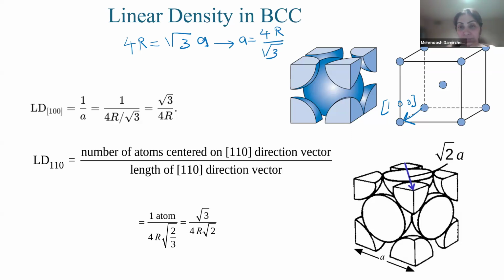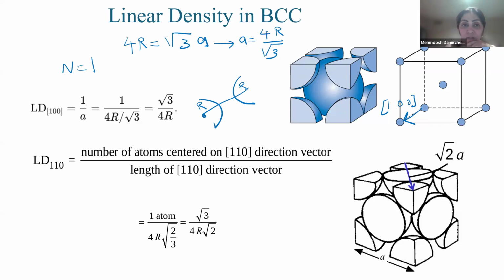Okay, we need that. How many atoms do we have along this line direction? Look at these directions, zoom in on that. Half of R here, half of R here, meaning half an atom at one end and half an atom at the other end. The number of atoms along that direction is 1.